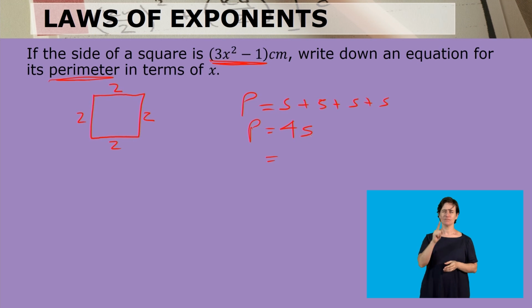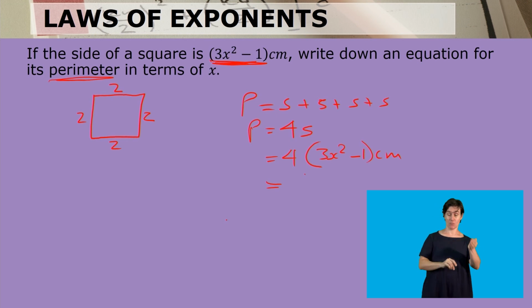But we are told that a side equals that. So now we're going to have x and 3x squared minus 1 centimeters. That is what we are told we should use. 4 multiplied by 3x squared will give us 12x squared.